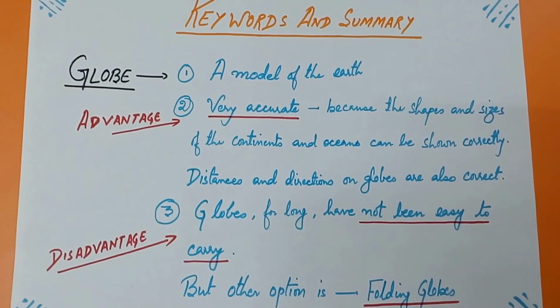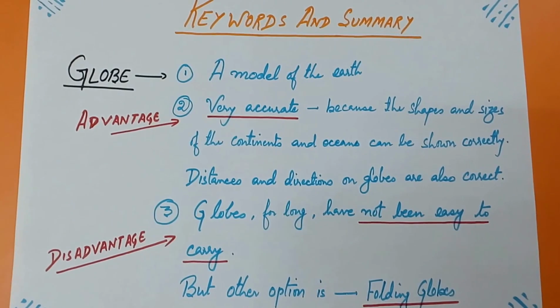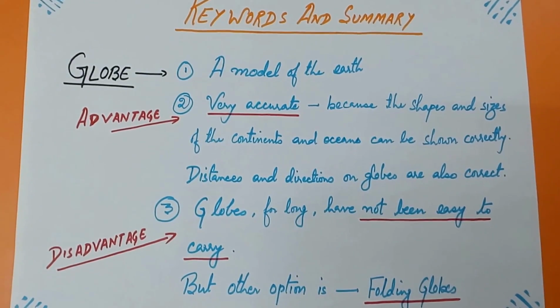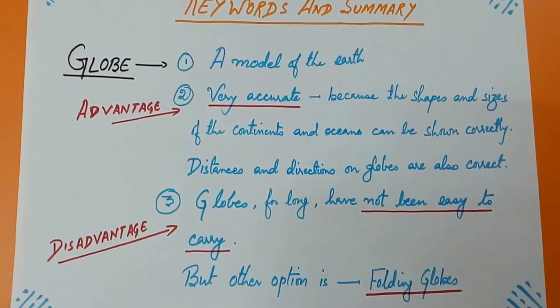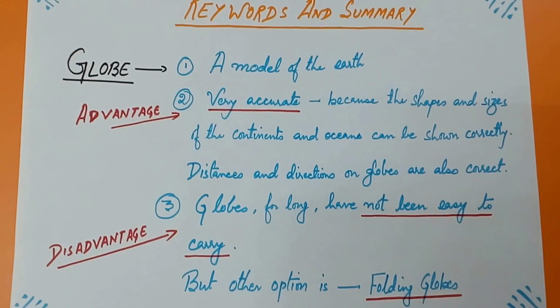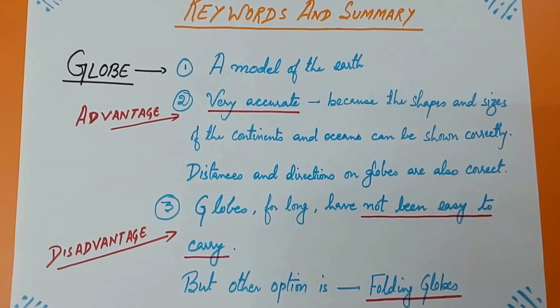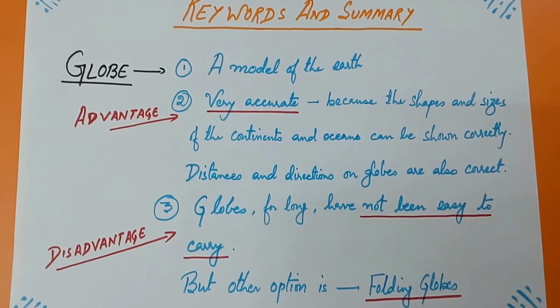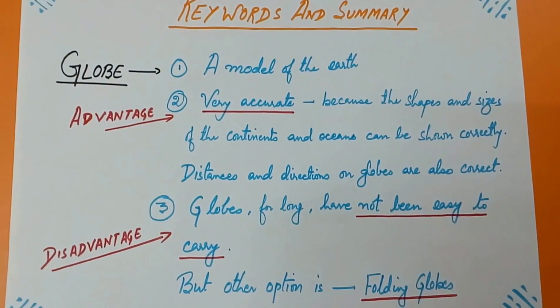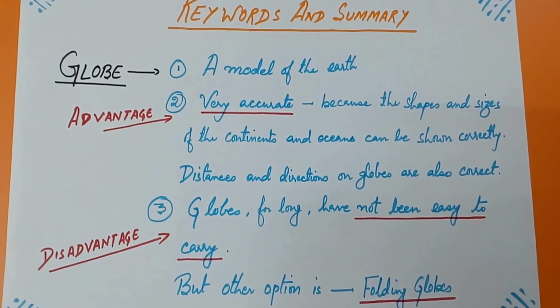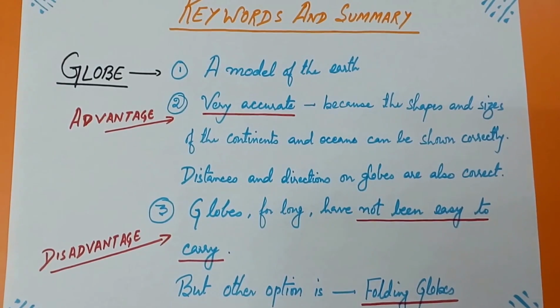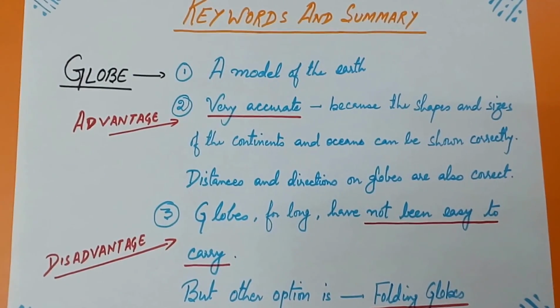Distances and directions on the globe are also correct. Third point is, which is the disadvantage? Globes for longer distances cannot be easily carried, but nowadays options have come, that is folding globes, which can be kept in the pocket very easily by folding them.